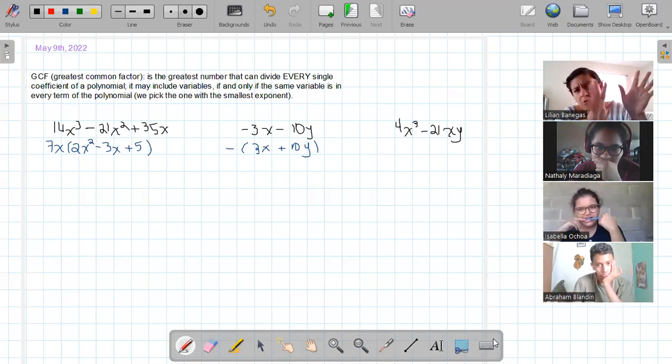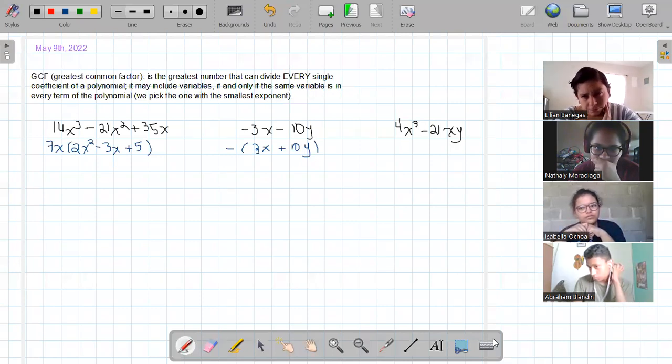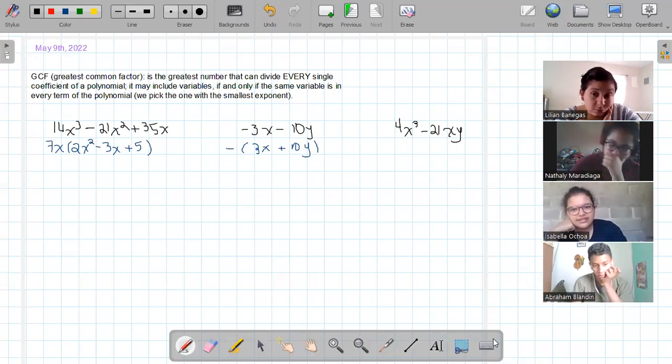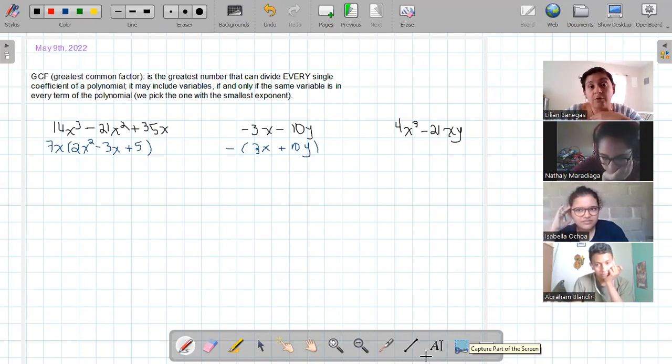So there's no number, right? How about a variable? Is there a variable repeated in every single term? Which one? X. So we choose the one with the smallest exponent. That will be only x.